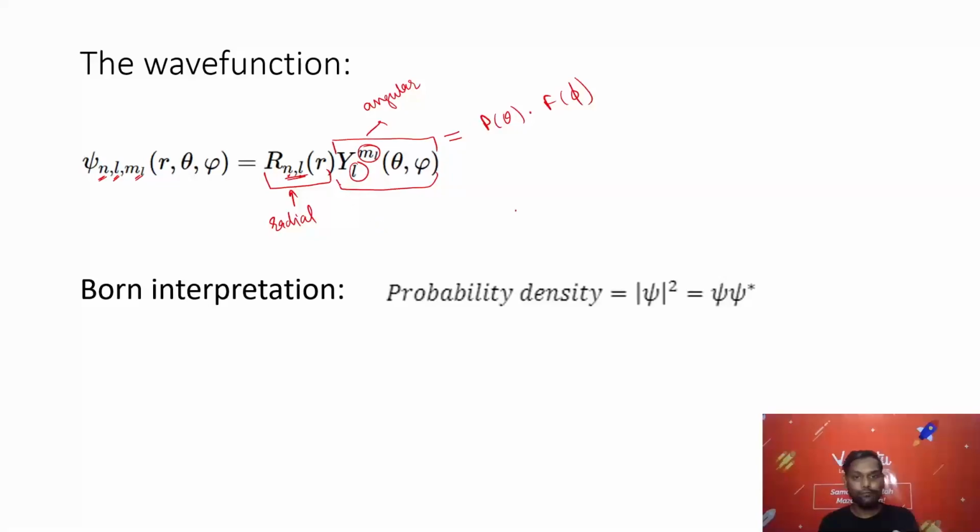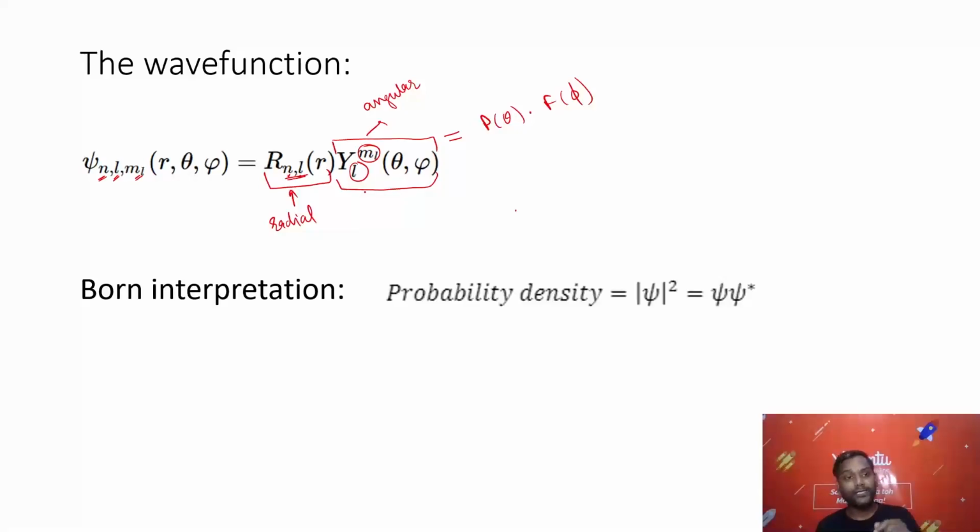Okay, so we will see some examples of the radial wave function, and then we'll talk about the angular wave function. But before that, the Born interpretation of the wave function. Max Born said that the psi values can be real, they can be imaginary, they can be negative, they can be positive. So it doesn't have any physical significance.